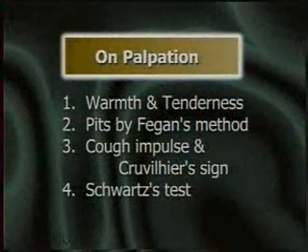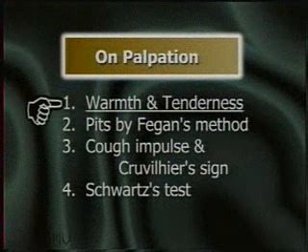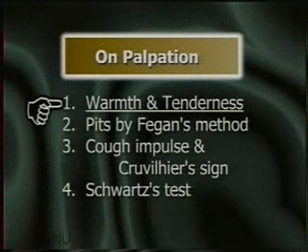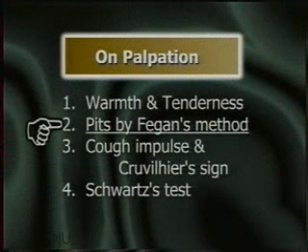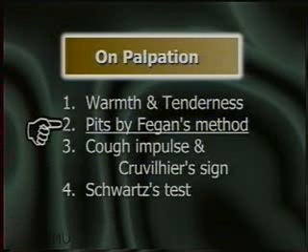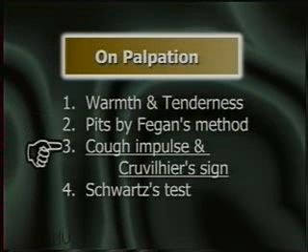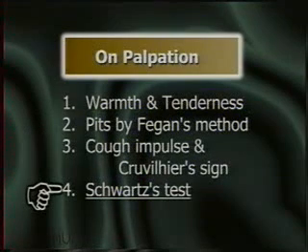So to revise, on palpation, we first palpated the length of the vein for warmth and tenderness. Then we emptied the vein and palpated the deep fascia under it by Fagan's method for palpable pits. Then we tested for cuff impulse and Cruvelier's sign at the saphenous opening and performed the tap test or Schwarz test.